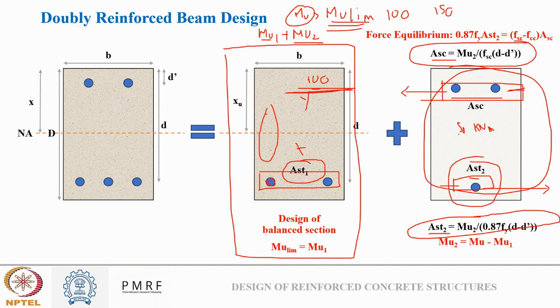How will I get it? I will get it by taking steel on the tension side and steel on the compression side such that they are in equilibrium and they create a couple strong enough to resist the extra moment that is acting on the beam.